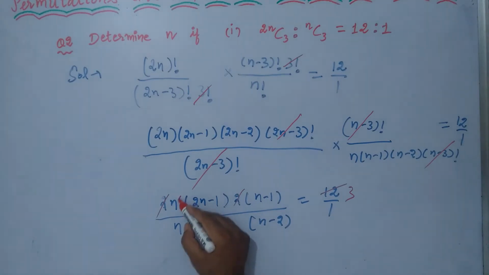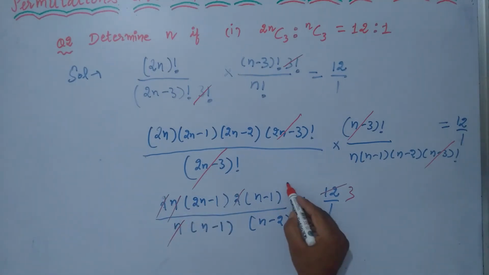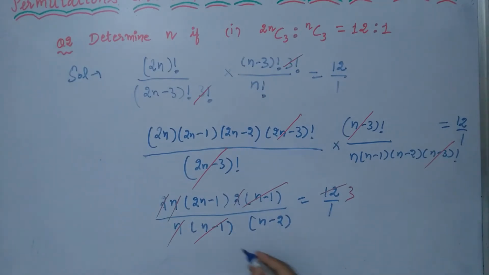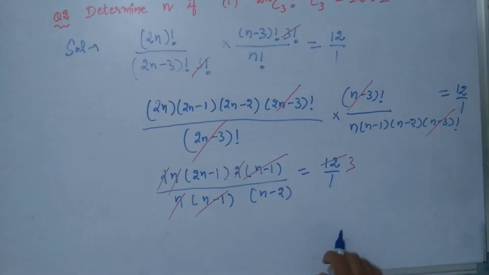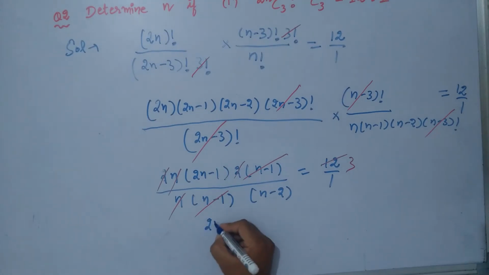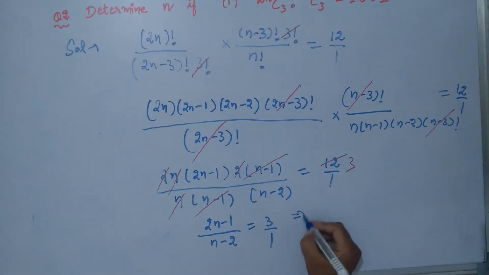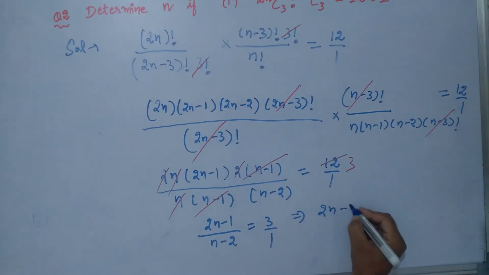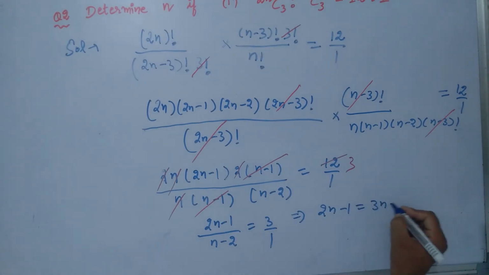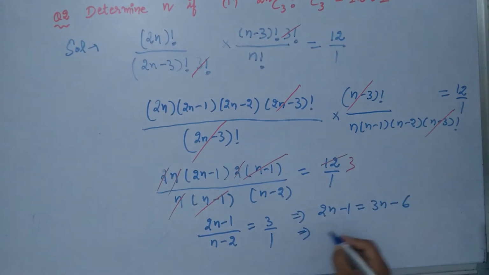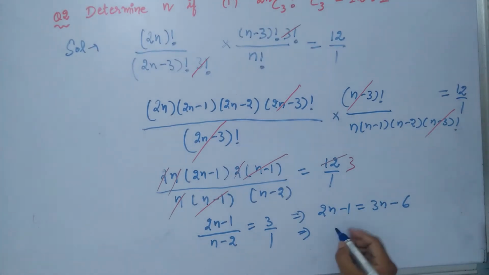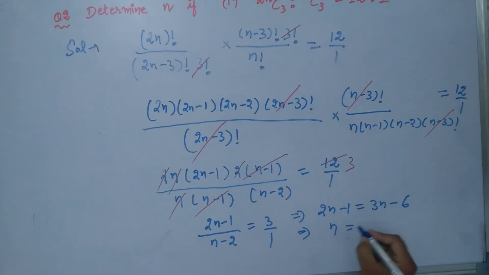Moreover, n is cancelled, (n minus 1) is cancelled. So what are we left with? We are left with now (2n minus 1) divided by (n minus 2) is equal to 3 upon 1. So cross multiplying, 2n minus 1 is equal to 3n minus 6. That means 3n minus 2n is equal to n is equal to 5.